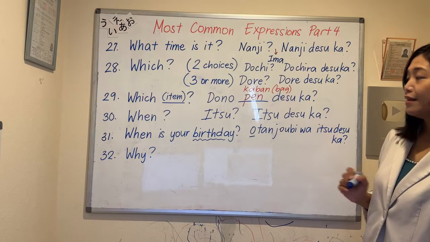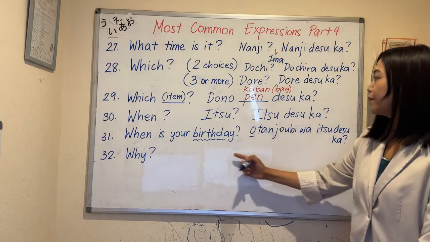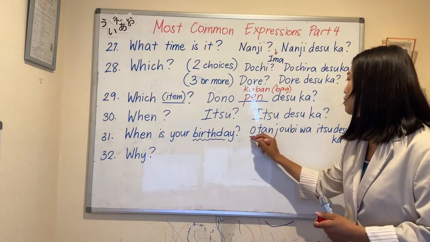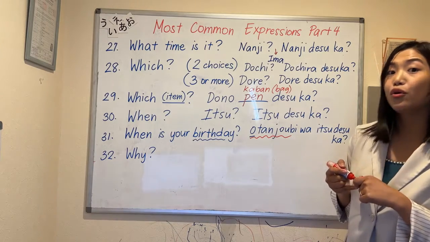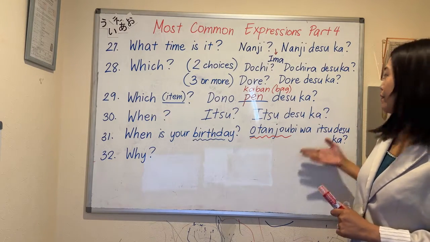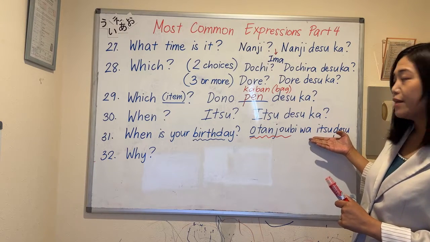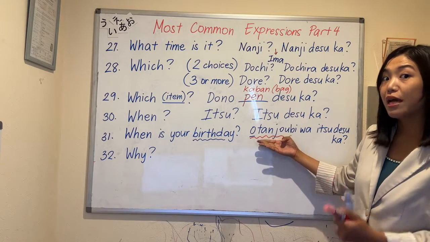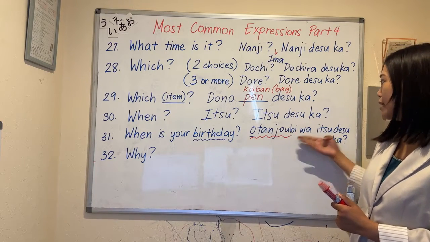So again, birthday is otanjoubi. So otanjoubi wa itsu desu ka? Itsu is when. Itsu desu ka? When. And then birthday, otanjoubi. Otanjoubi wa itsu desu ka?